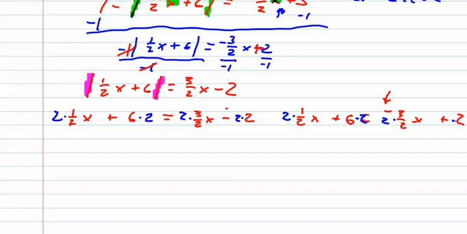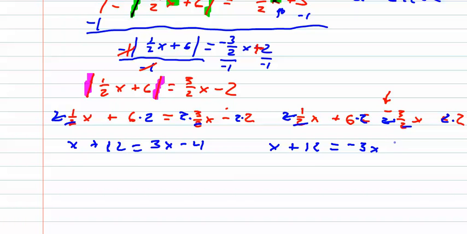Cancel, x plus 12, cancel there, equals 3x minus 4. And on the other equation, cancel, cancel, x plus 12 equals, cancel, cancel, negative 3x plus 4. And I solve.